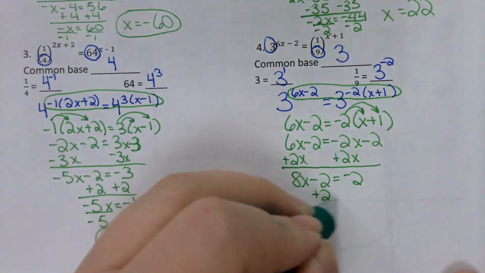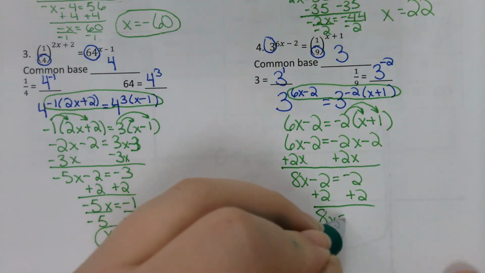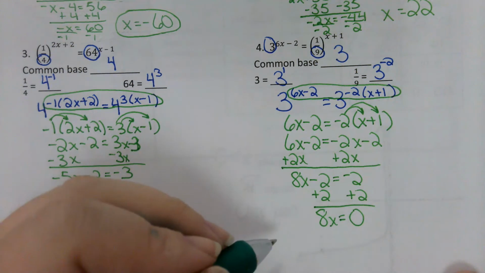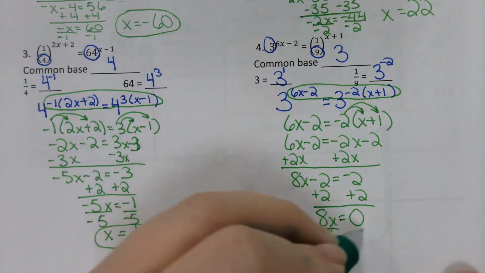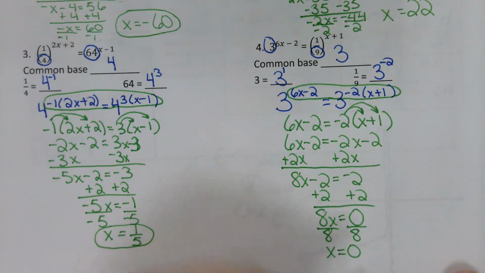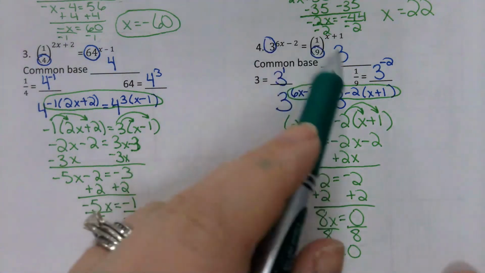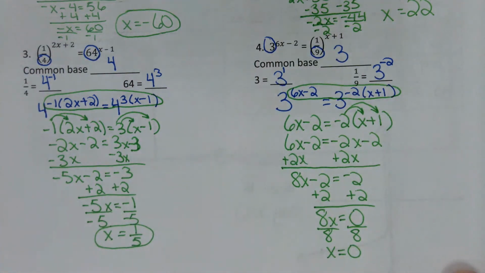Add 2 to both sides. 8x equals 0. And then divide by 8, leaving x equals 0. Check it in your calculator by putting 0 in for x, and make sure you have the same number on both sides to ensure that you did this correctly.